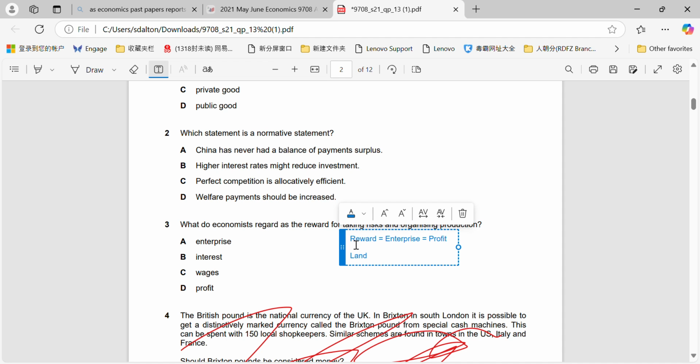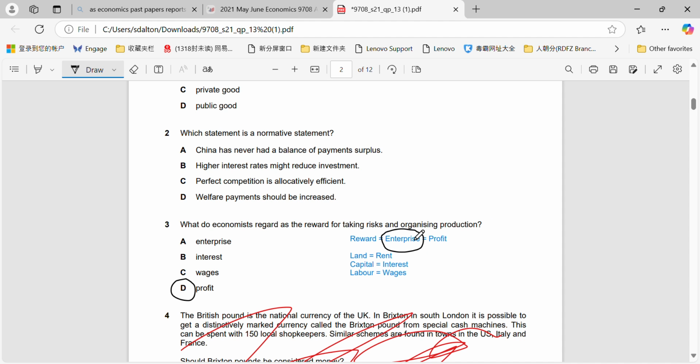Now remember, for the other factors of production, the payment for land is rent, the payment for capital is interest, and the payment for labor is wages. So the reward is therefore profit, because we're told it's for taking risks and organizing production, which tells us they're talking about the factor of production enterprise.